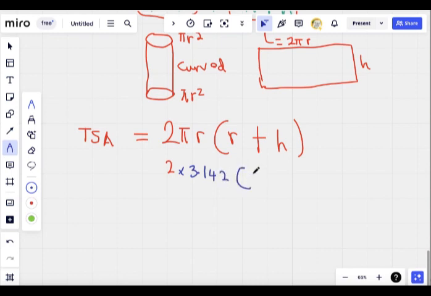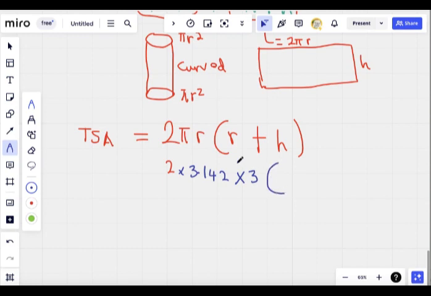Before the radius inside the bracket, there's a radius outside. So we have to multiply by this radius outside. And the radius is 3 centimeters, remember from the question. So we multiply by 3.